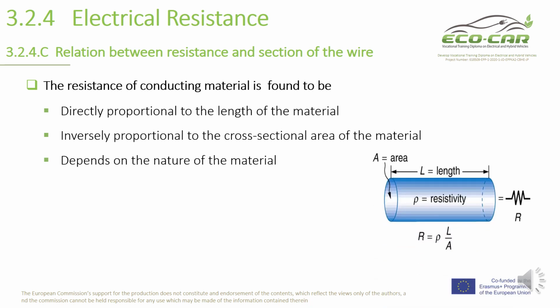So if we have this conducting material, we have a resistivity for this material. This is the length of this material, L, and here we have the cross-section area, A.